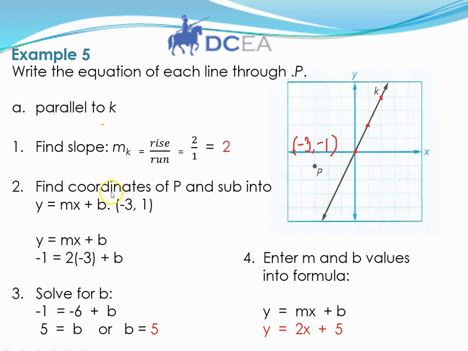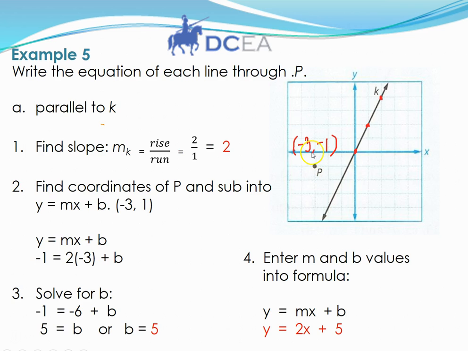We'll now find the coordinates of P and substitute into our formula. Whenever we're finding coordinates, we use the x-axis first, then the y-axis. So I see that P is 3 to the left, which is -3, and 1 down, which is -1.